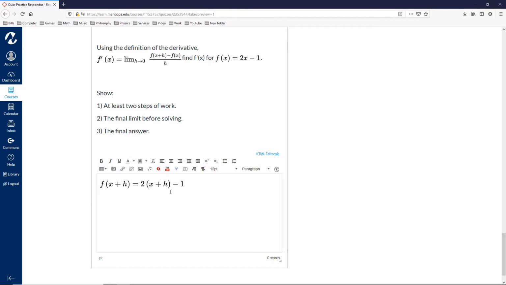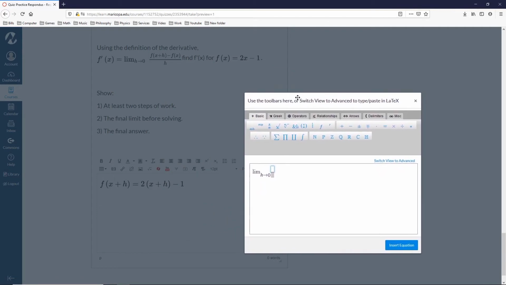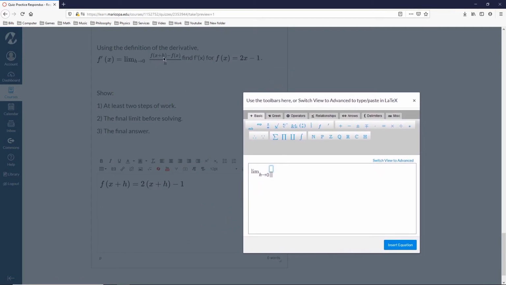And the next thing we would want to do is plug all this stuff into the limit. And we have f of x plus h, which is what we just figured out right here.